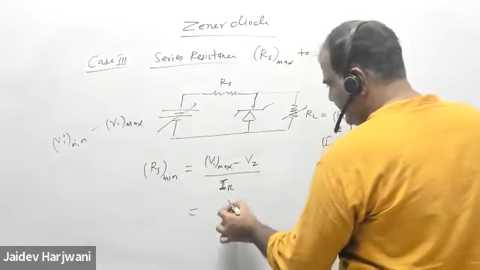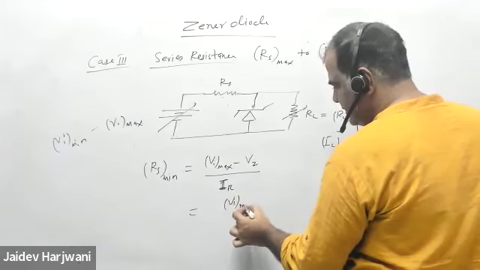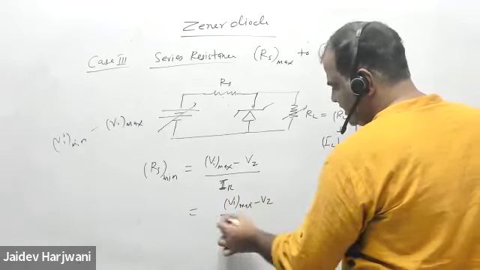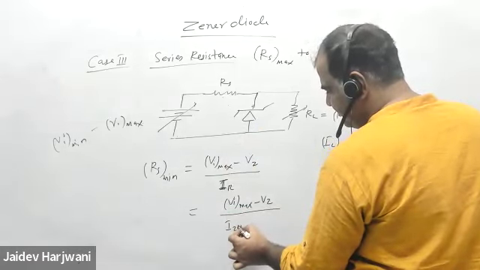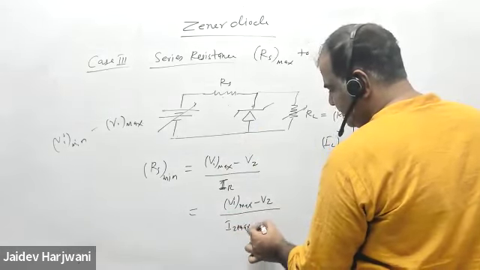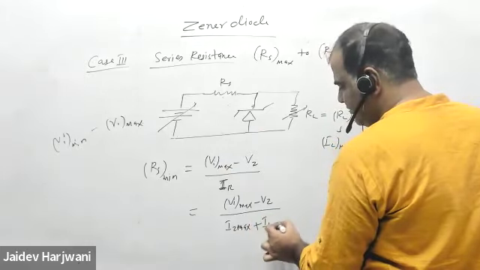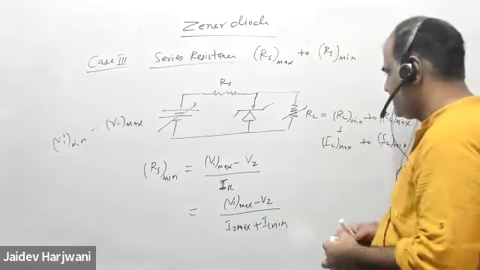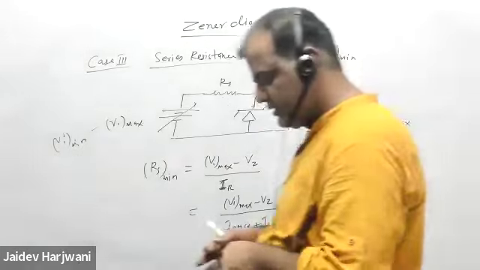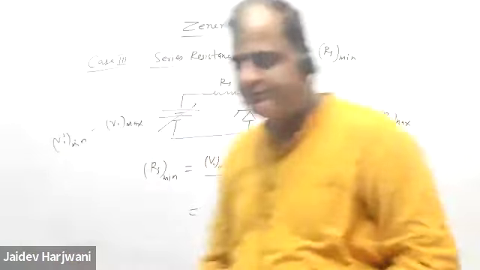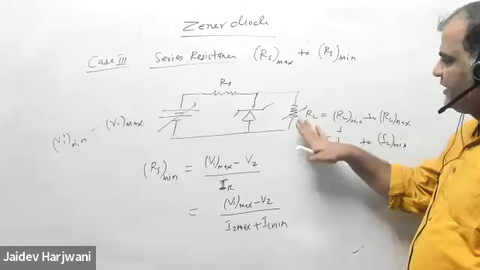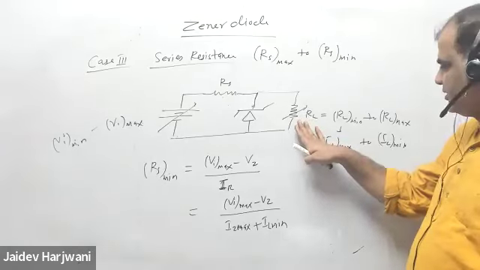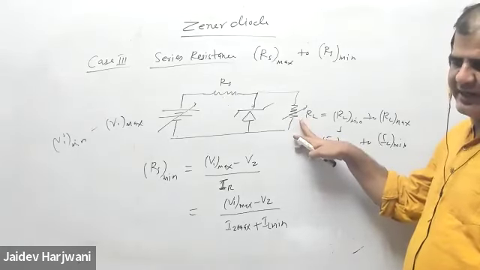IR is equal to VI max minus VZ, and this is equal to IZ max plus IL minimum. This value. What does this mean? Here I am taking the minimum value of RL. No, I am taking the maximum value of RL.